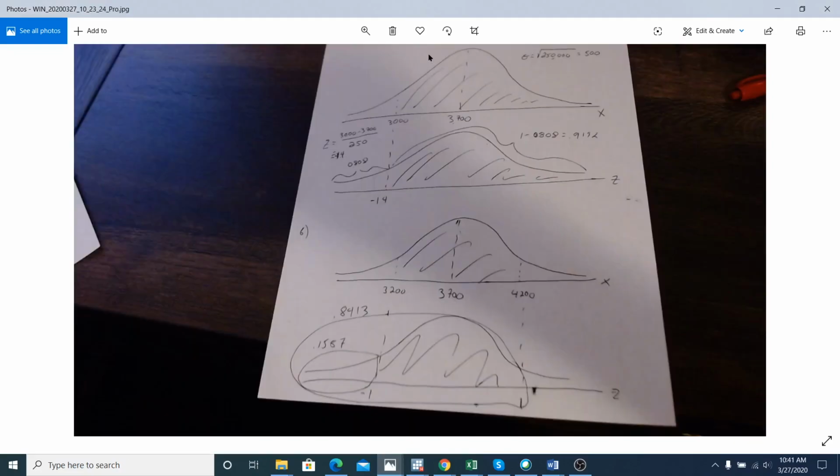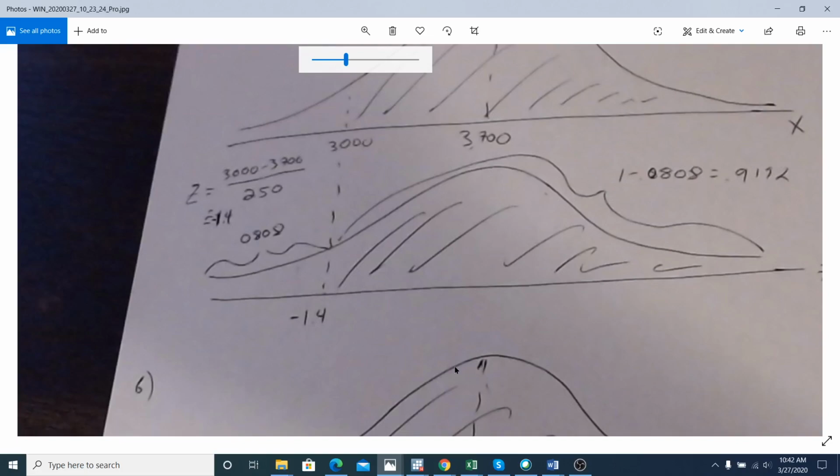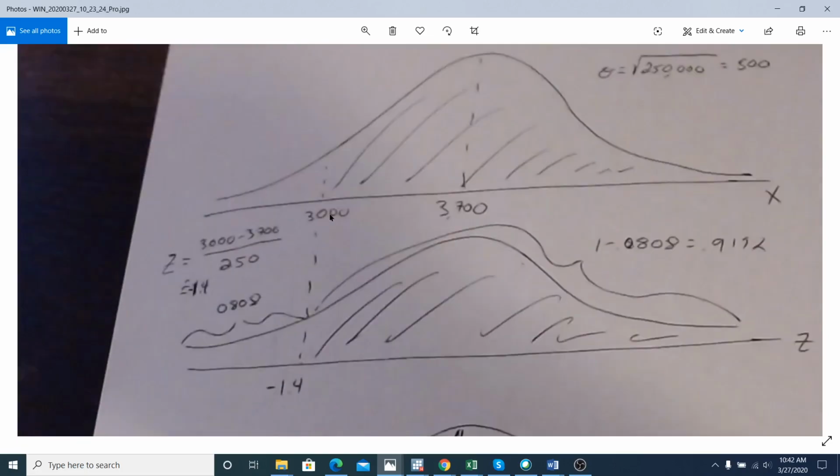First of all, the variable itself is normally distributed, so I drew that out. It's got a mean of 3,700, and I want the probability that it's 3,000 or greater, so it's shaded in the area to the right.